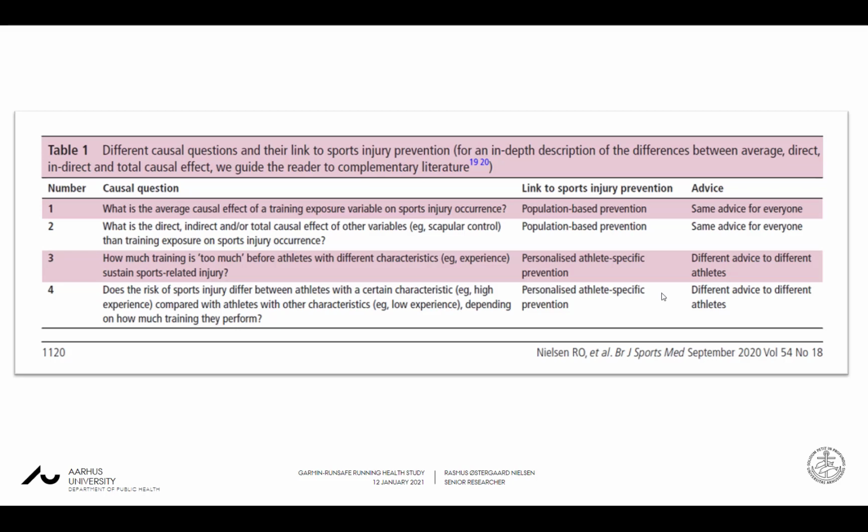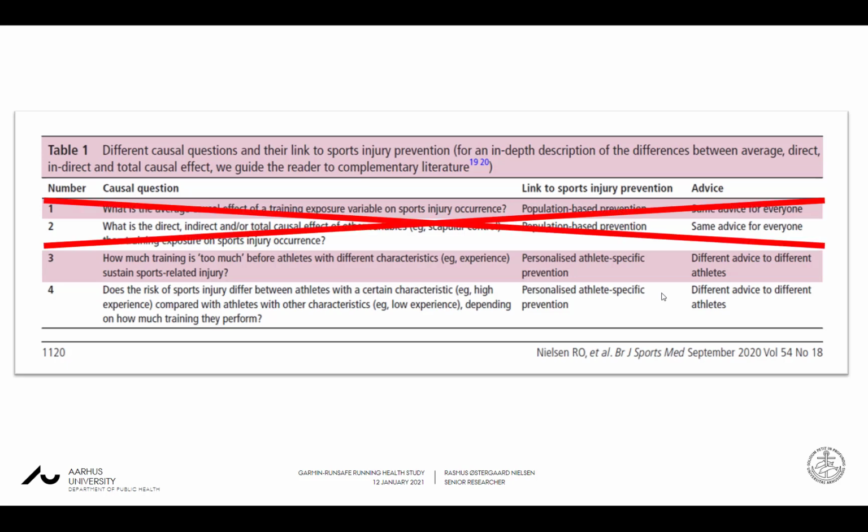Whereas the latter 2, number 3 and 4, are personalized athlete-specific prevention, personalized in the sense that it's a subgroup of runners that we want to provide advice for. So different advice to different subgroups of runners. And here I argue that the first 2 causal research questions are irrelevant to our research if the target is to provide different runners with different advice.